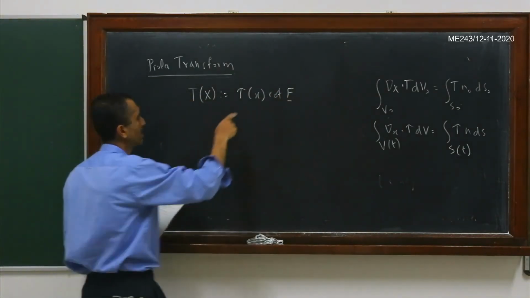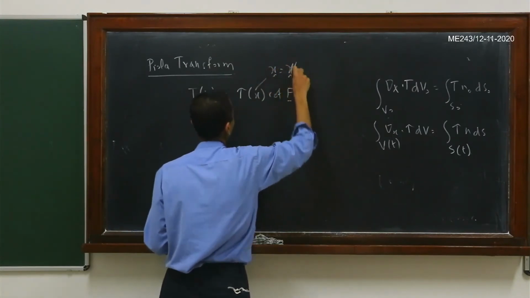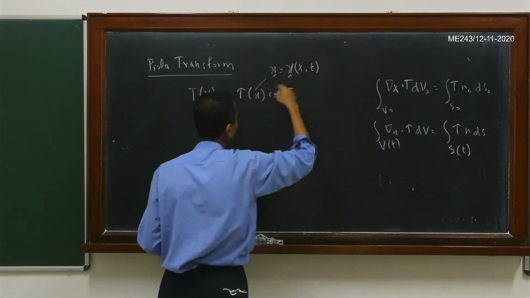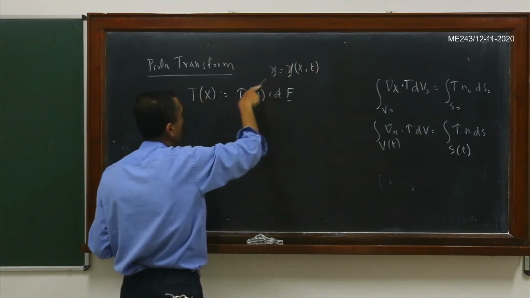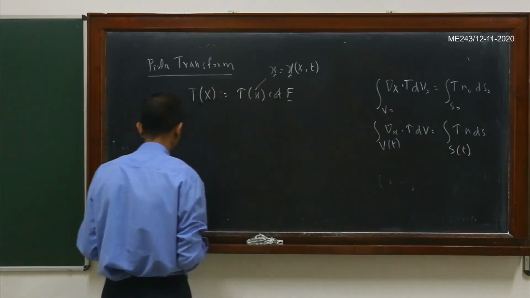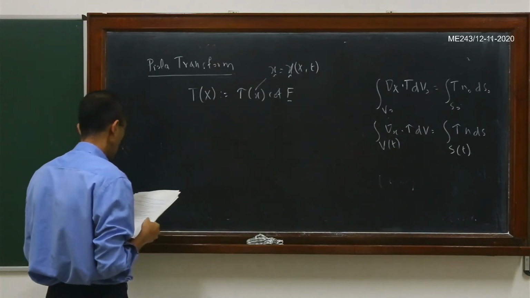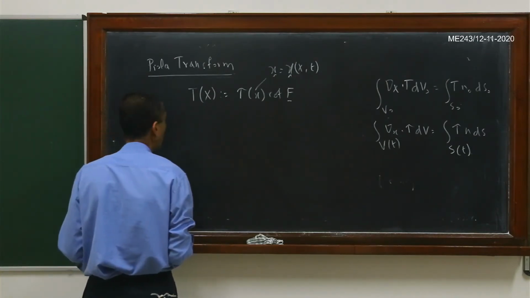So actually this x itself is chi of X comma t. So if you substitute x is equal to chi of X comma t, this whole thing is a function of X, and so that I am writing as this T of X here. Okay, so let us now find a relation between the divergences of these two things here. So theorem now.